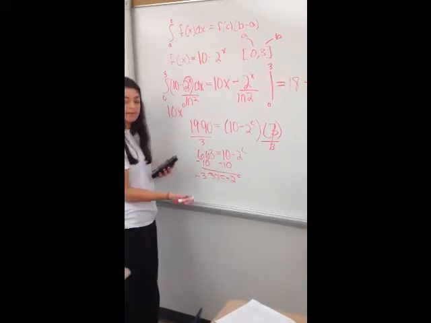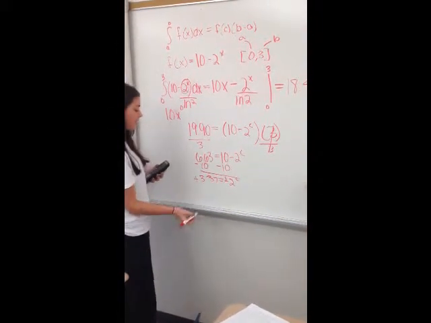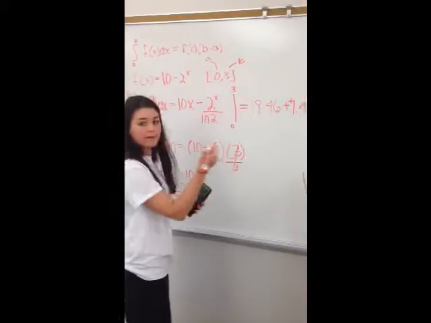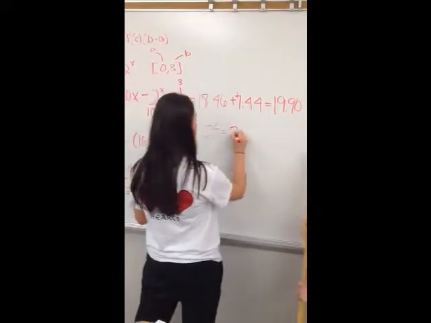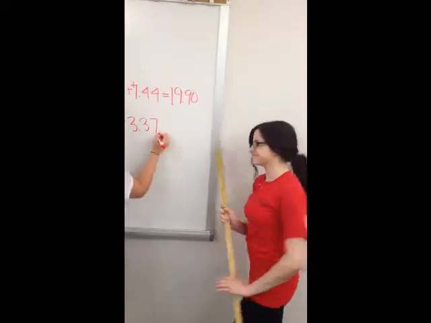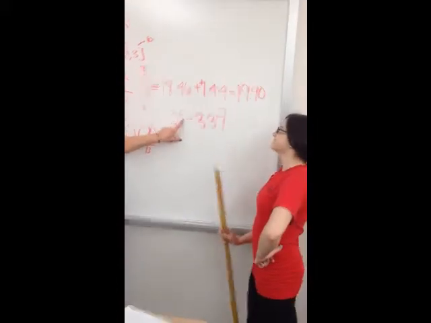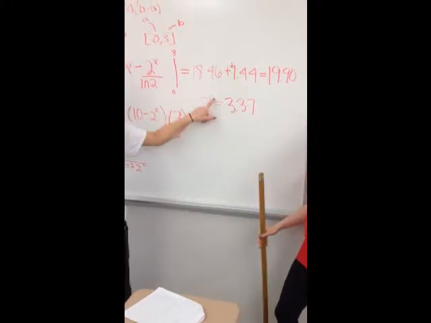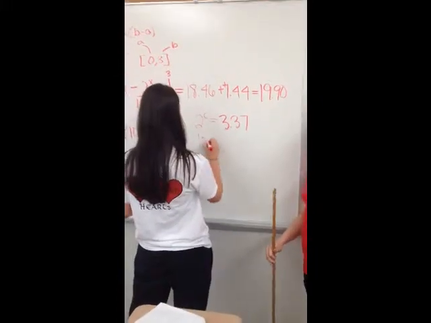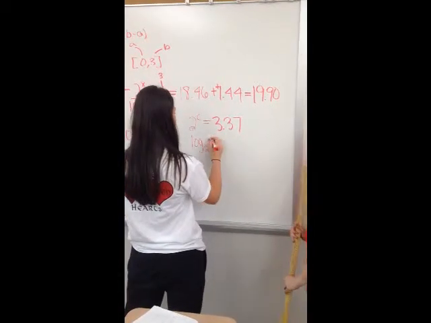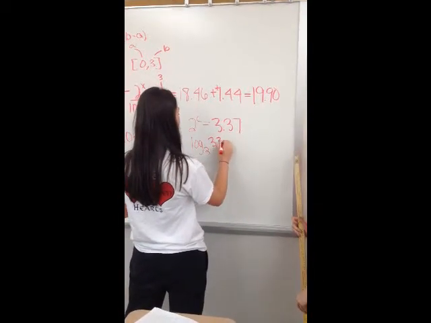Since you have negatives on both sides, you can just ignore them and make them positive. So, I'll move it up here. 2 to the c power equals 3.37. Now, what you have to do, since you have a variable as your exponent, is change the form. So you have log base 2 of 3.37 equals c.